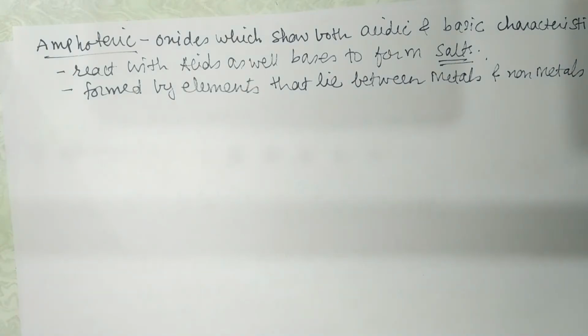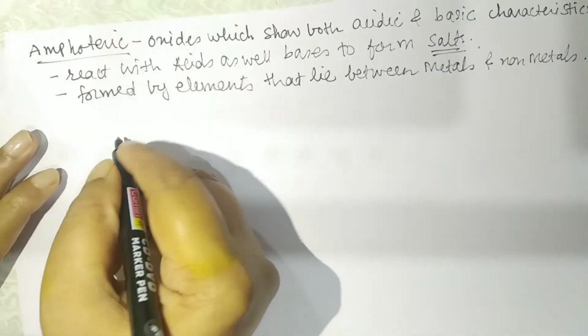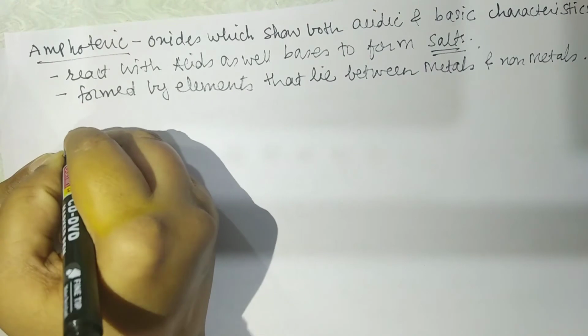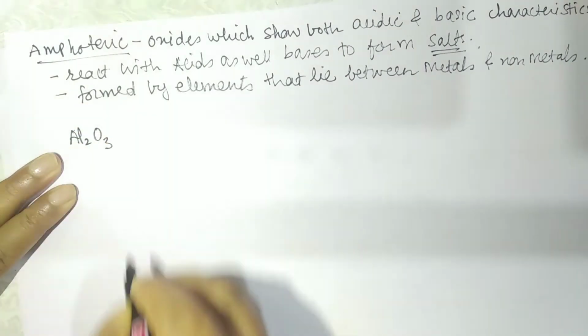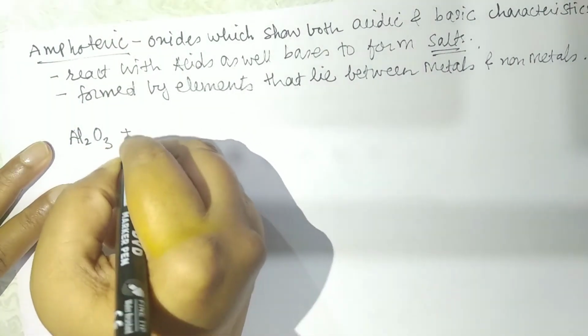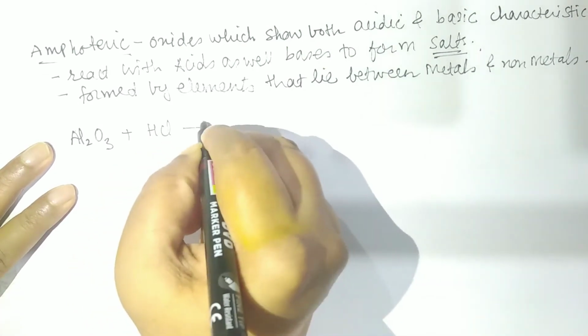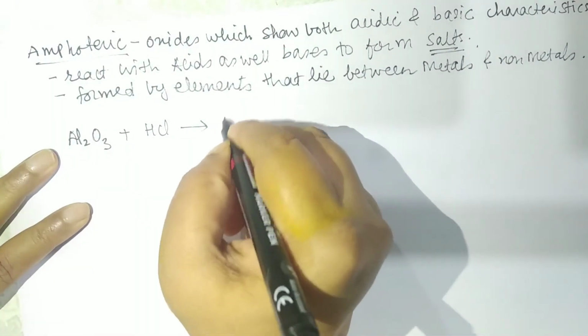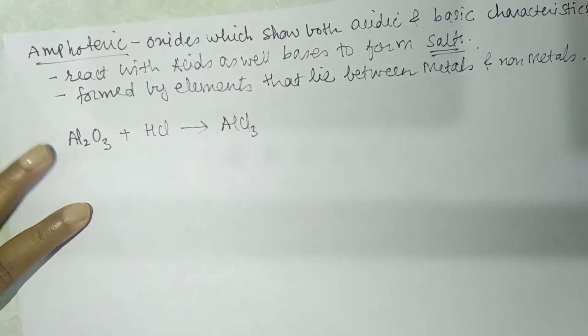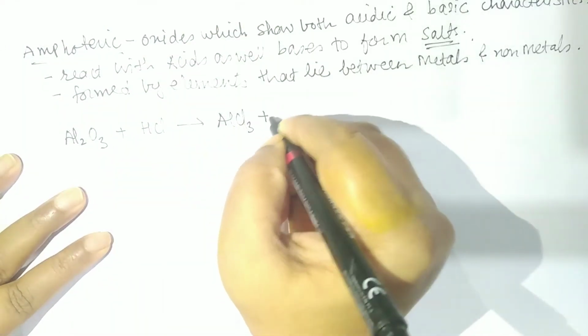Now for the examples, usually we have the examples of aluminium and zinc. So let us see how they react with the acid first and then with the base. I am taking aluminium oxide Al2O3 and first let us react this with HCl. The products you will get here are aluminium chloride and water.